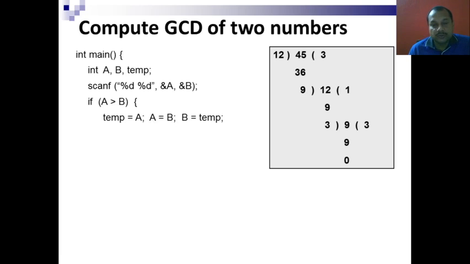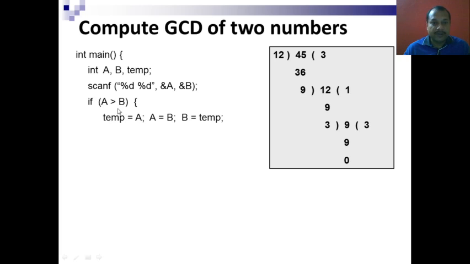So before I assign the content of b to a, I need to preserve or store the content of a in some other variable, and for that purpose I am using this temp variable, where the content of a is copied.